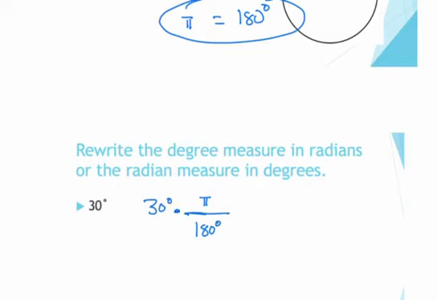So this is going to multiply. So I get 30 pi over 180. And 30 over 180 is just 1 over 6. So this just becomes pi over 6. So this is my degree measure, and this is my radian measure.